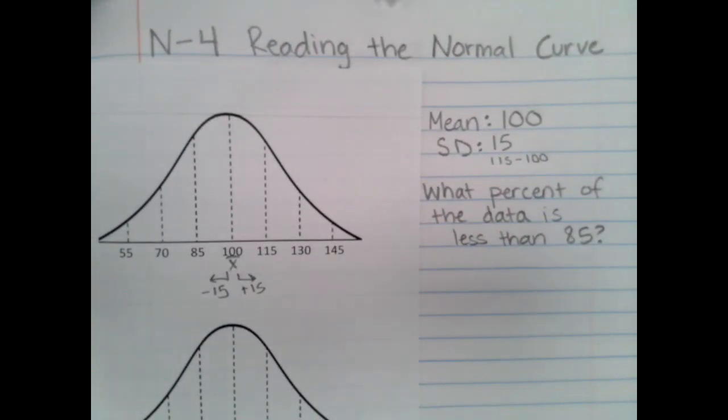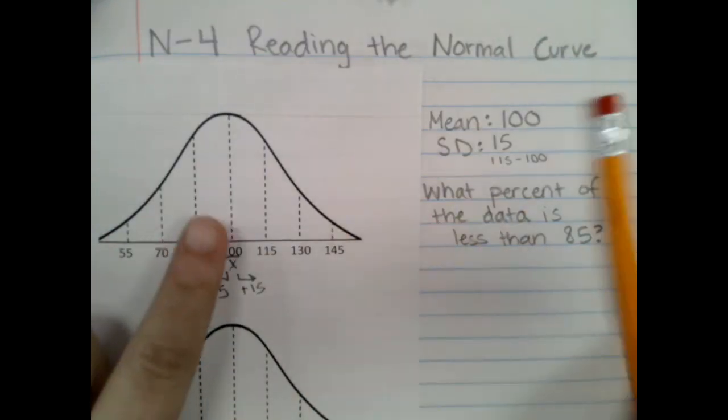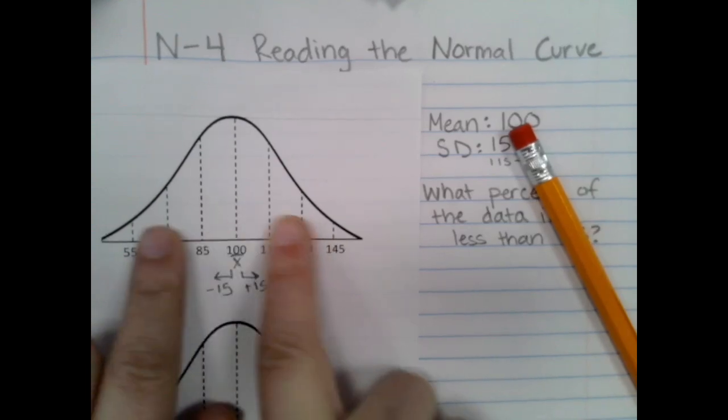So this one kind of has to do with what we talked about yesterday. But what we talked about yesterday was the 68, 95, and 99.5 rule, or 99.7 rule. There you go. I was getting my 5s and 7s mixed up. 68, 95, 99.7. And that was from the mean, and it would be going in either direction.